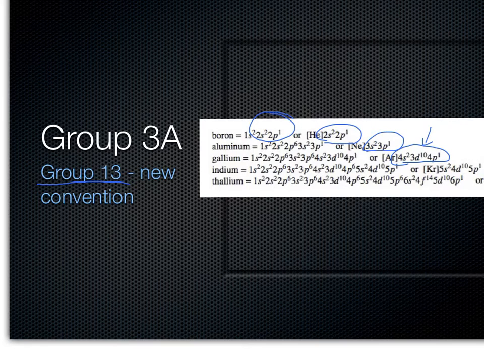It's a 3d level. And this is why we rearrange them. If we rearrange them, it doesn't look like it's in the middle of it, so rearranging actually makes it look a lot easier. Even when we get down here and we've got some f's and d's in there, you're still finishing with 6s2, 6p1. 3 valence electrons, group 3A.